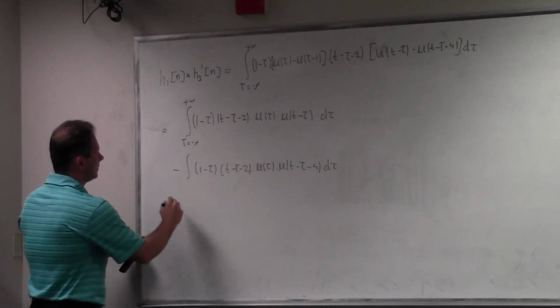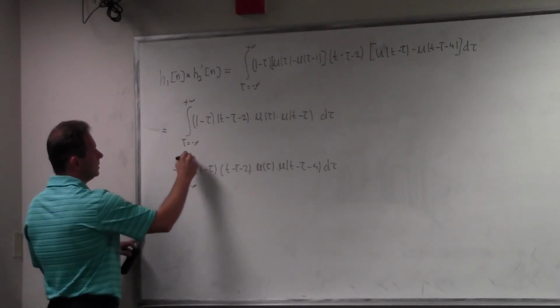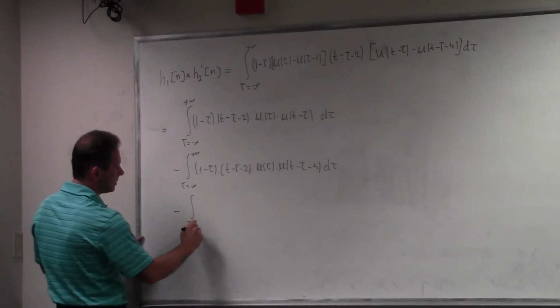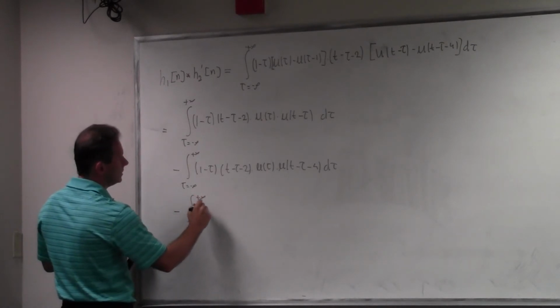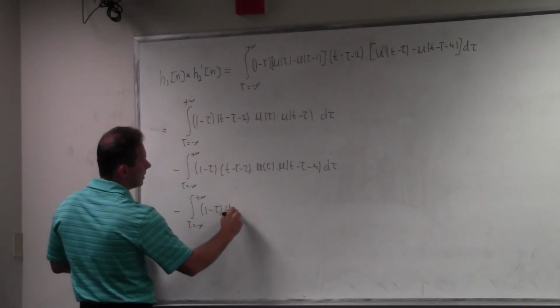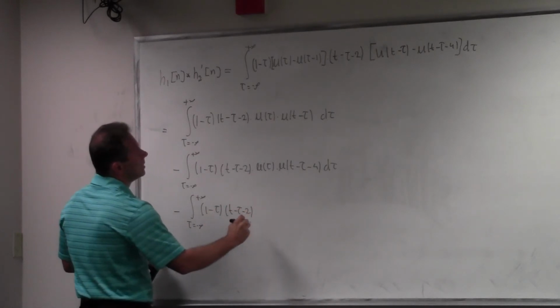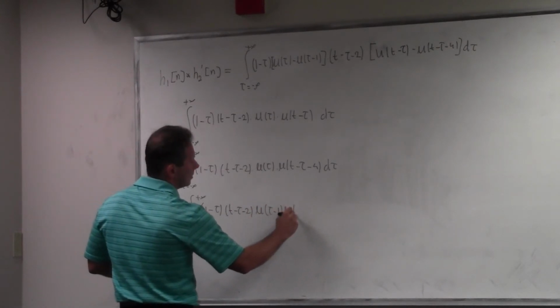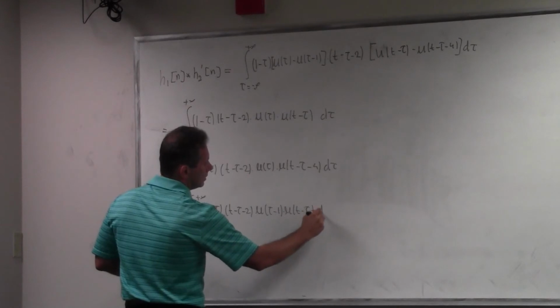The second integral, tau goes from minus infinity to plus infinity. The third integral is again minus, tau goes from minus infinity to plus infinity, 1 minus tau, t minus tau minus 2, then u of tau minus 1, u of t minus tau, d tau.